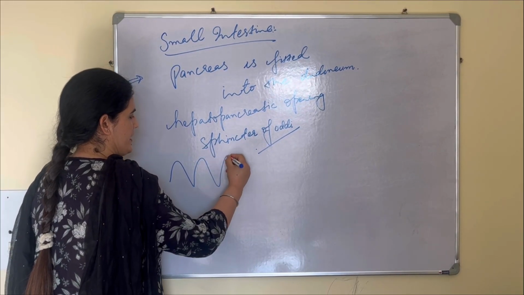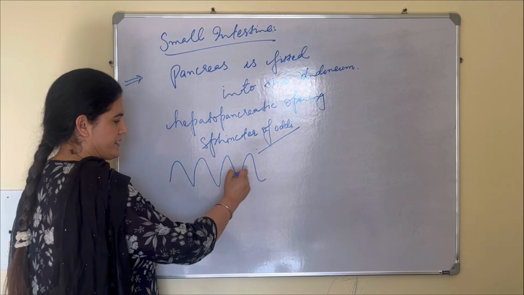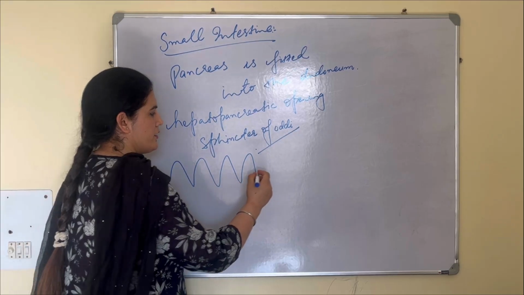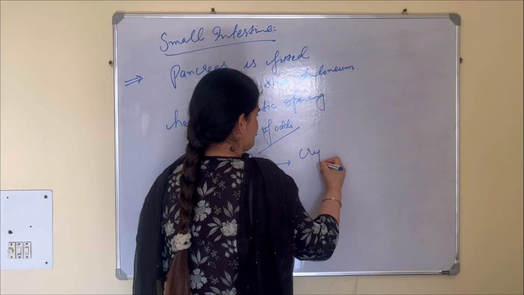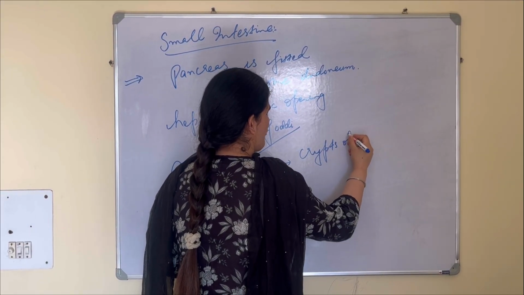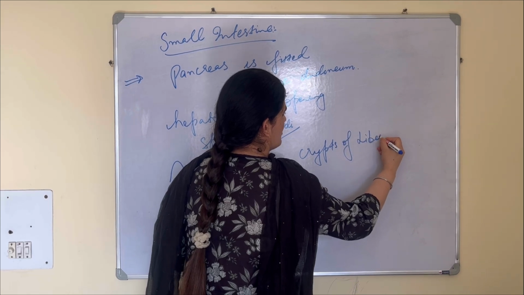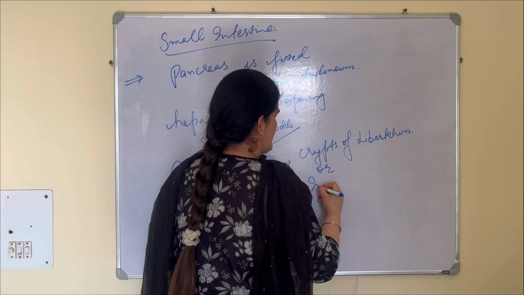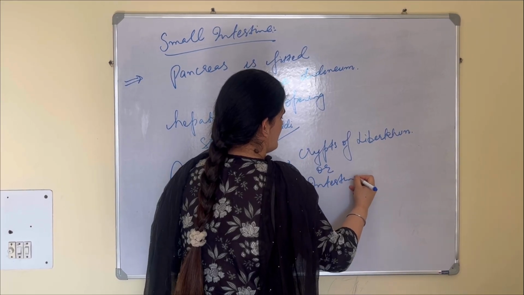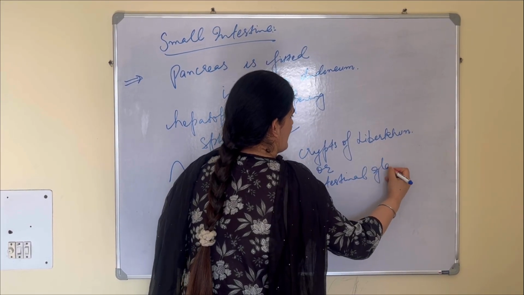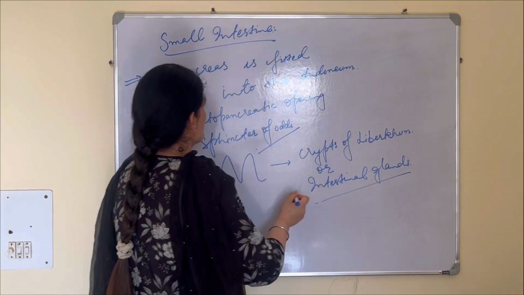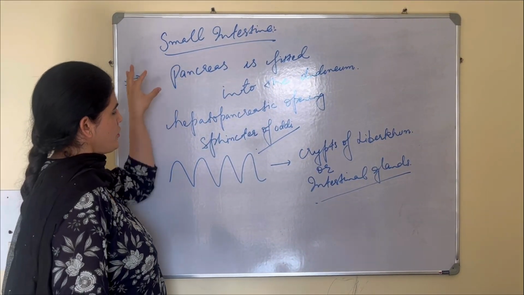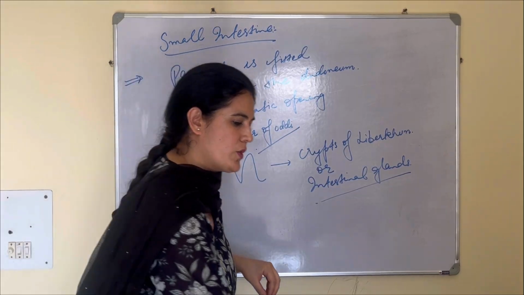The space between two villi is known as the crypts of Lieberkühn, or basically the intestinal glands.